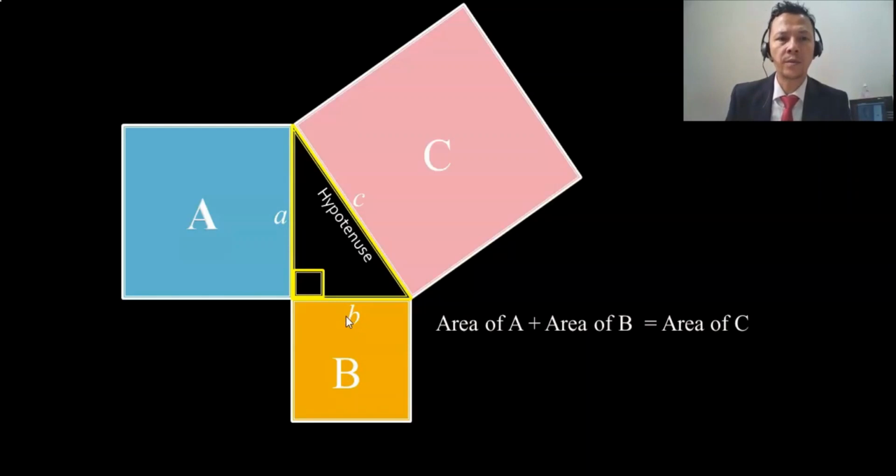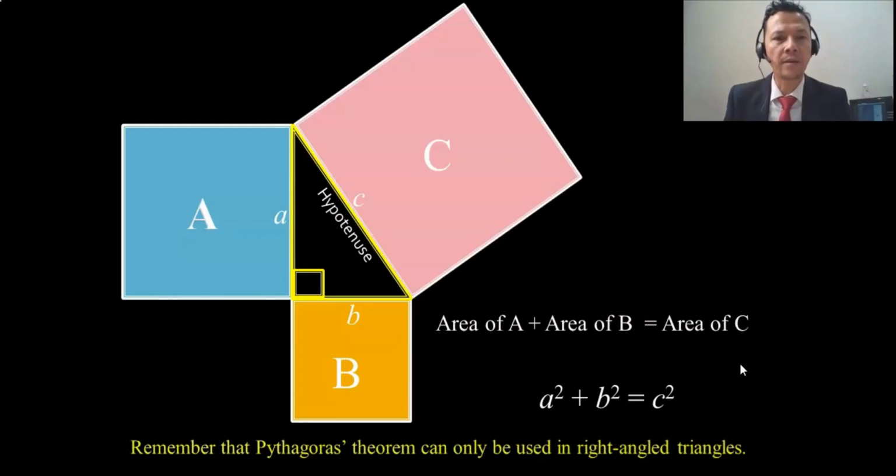Area of B is going to be B times B, that is B squared. And so the area of C is going to be C times C, that is C squared. So we can write this as A squared plus B squared is equal to C squared. Remember that Pythagoras theorem can only be used in right-angled triangles.